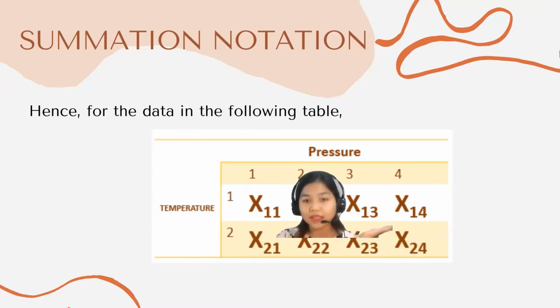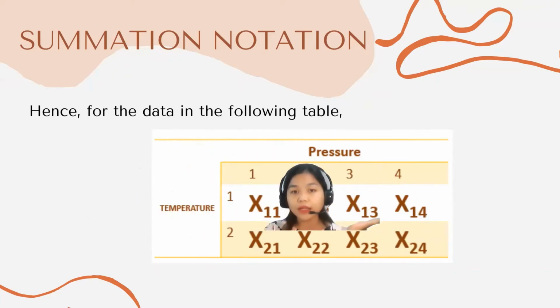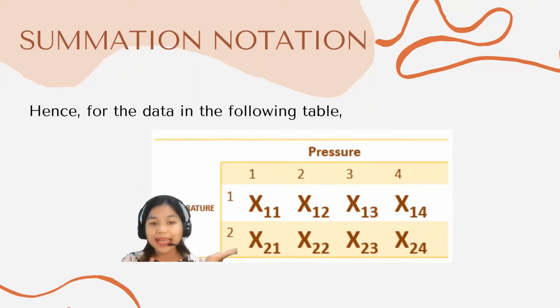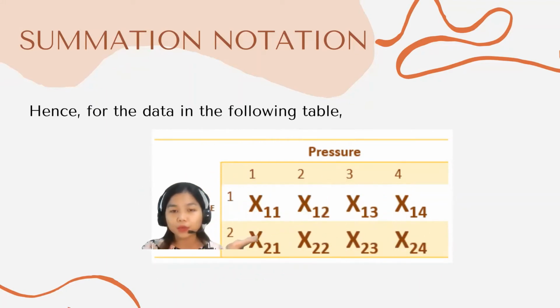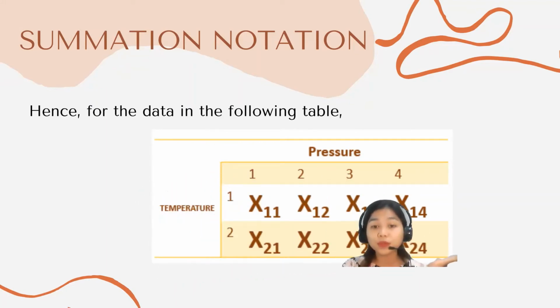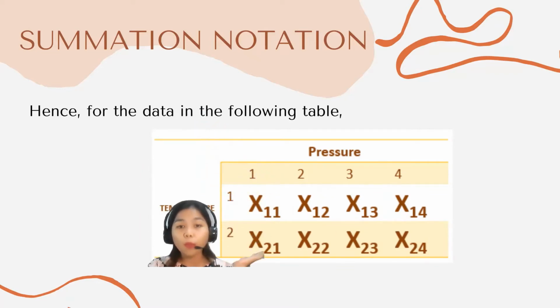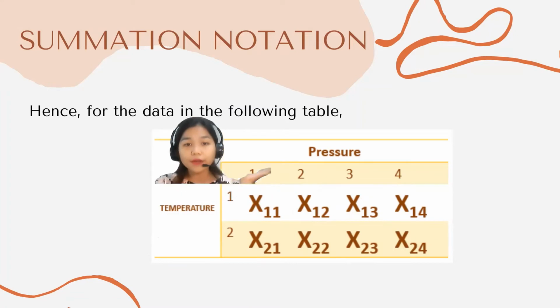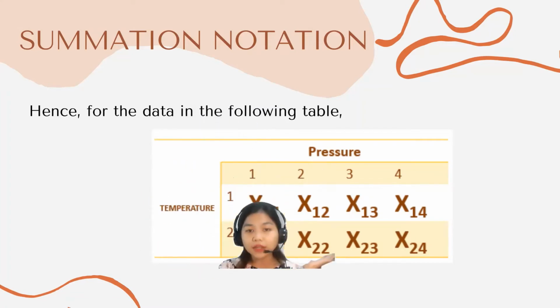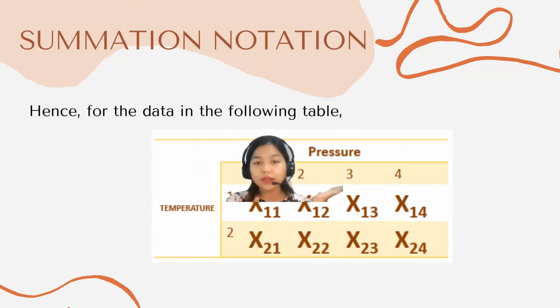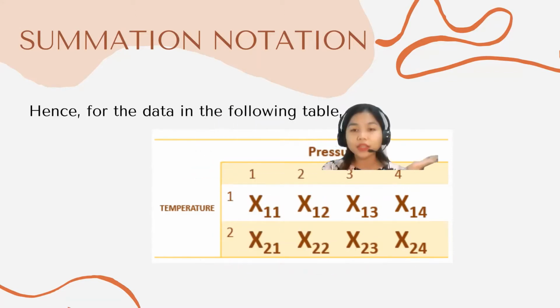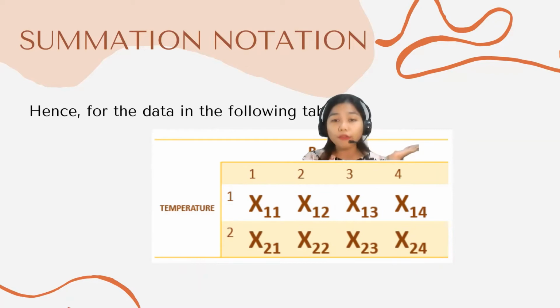So lahat ng values na ito ay part ng row 1, the first temperature, at lahat ng values na ito ay part ng row 2, or the second temperature. This one is for the first column or the first replication, then the second column or the second replication, the third column or the third replication, and the fourth column or the fourth replication.